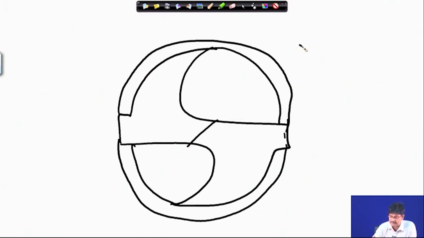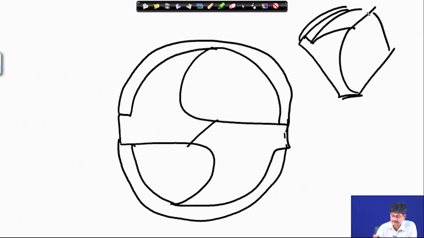We can just have a quick look at the other view also. This is the main cutting edge or principal cutting edge. Therefore, this is the rake surface. Rake surface cannot be seen here completely. This is the center of the tool. As it is rotating, it rotates this way.